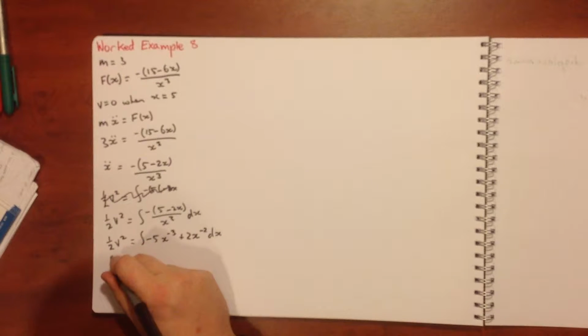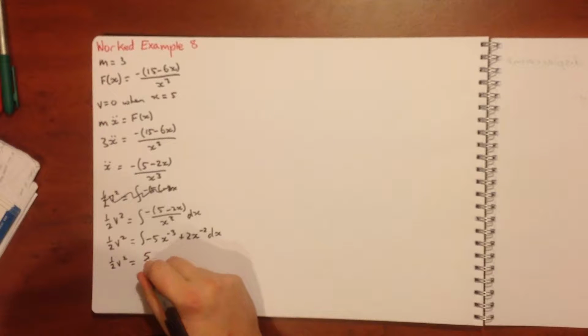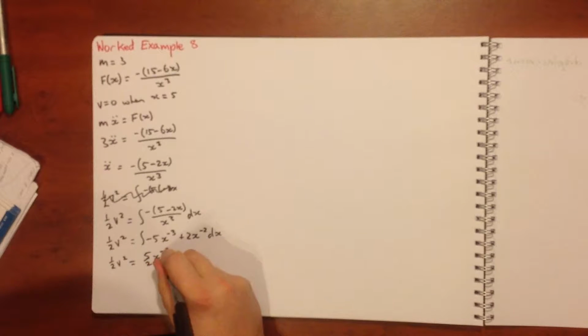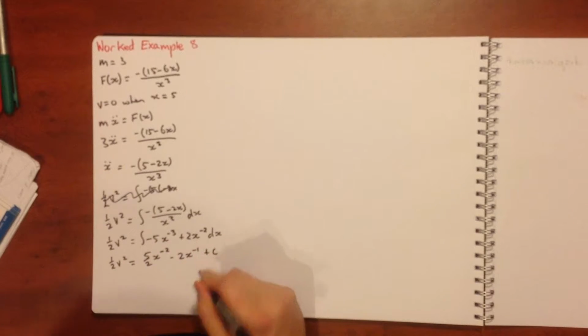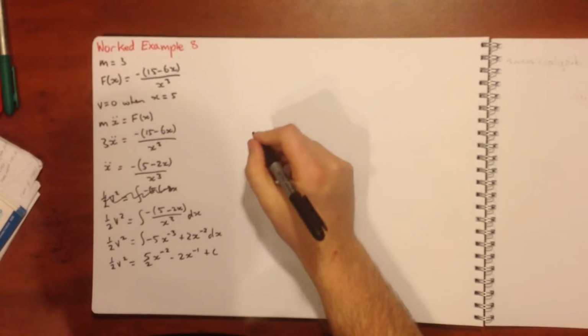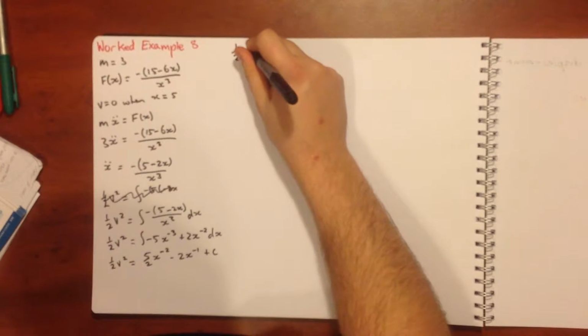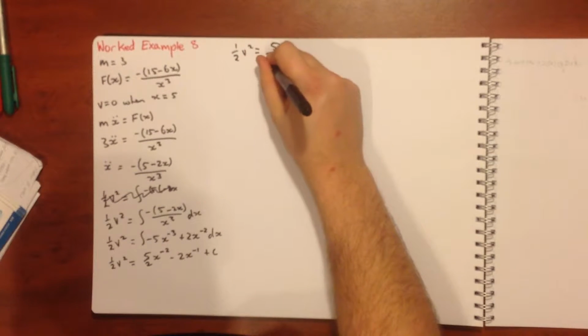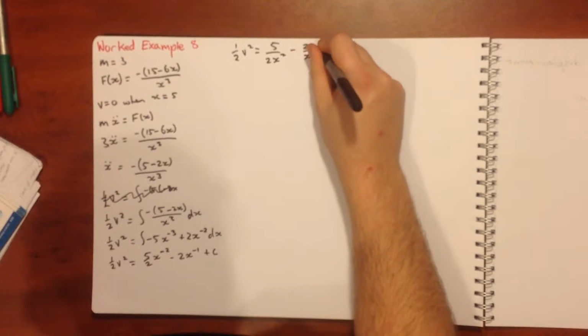That means a half v squared is equal to 5 on 2 x to the negative 2, take 2x to the negative 1, plus c. We can write that a bit nicer: a half v squared equals 5 on 2x squared minus 2 on x plus c.